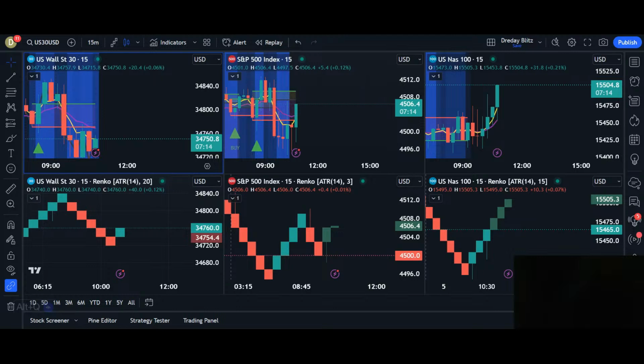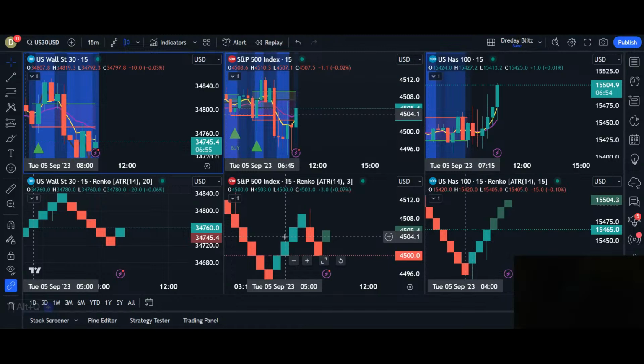Perfect. So we still have the NAS pushing up. We have a clear indication that the NAS was a runner here, so it was a good setup overall. Still looking for the buy side.